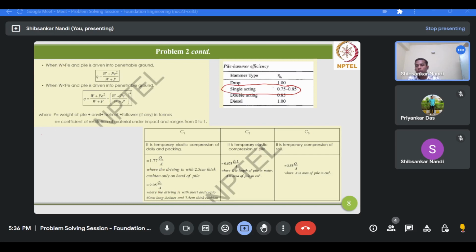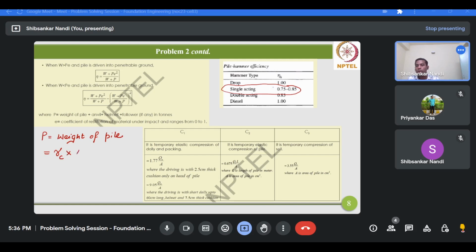Now what is the value of P? To calculate the value of P, since this is the weight of pile, you can calculate this weight by multiplying the unit weight of concrete with the volume of the pile.